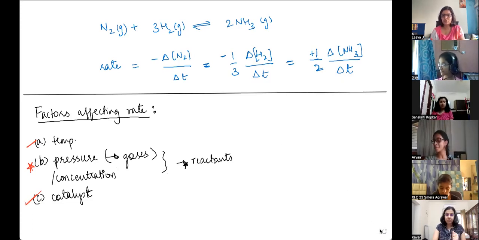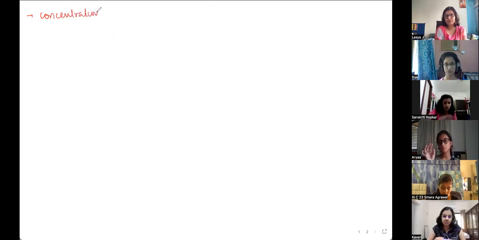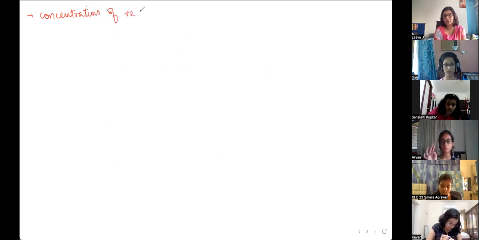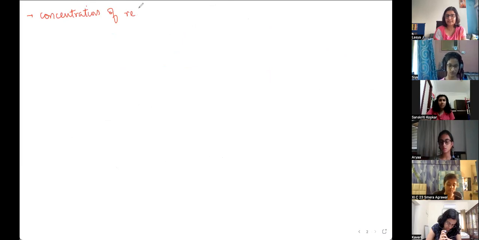So how do you think the rate is affected with concentration? So we're talking about concentration of reactants. If you want to increase the rate of a reaction, what do you need to do with the concentration of reactants?